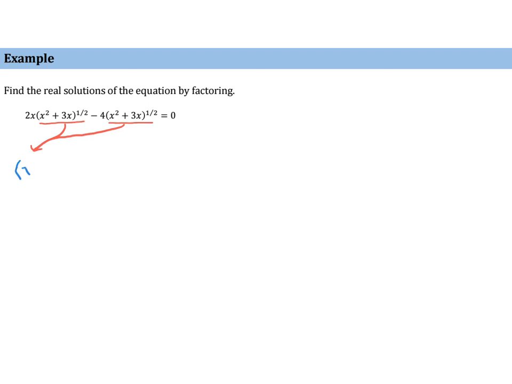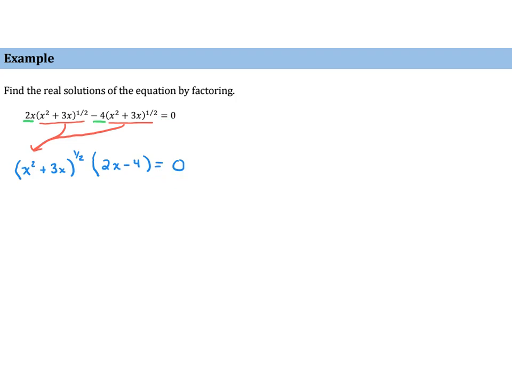So I'll put it in front, x squared plus 3x, and that's raised to the 1/2 power. What's left? 2x minus 4. Don't forget the equal 0. This is still an equation.